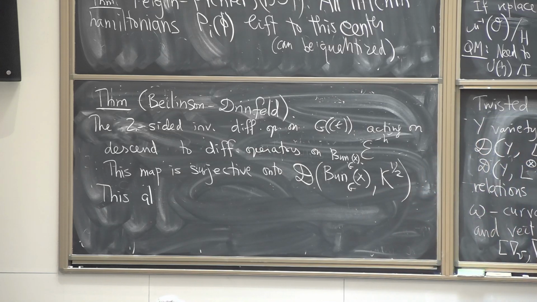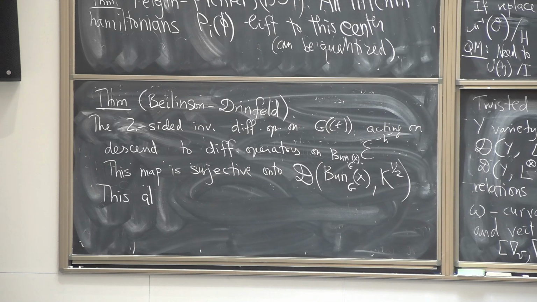If you want to think of an analogy or a special case of this, think about differential operators on an elliptic curve. Any differential operator on an elliptic curve which is globally defined will have constant coefficients, and therefore it will be just a polynomial in d over dz, where z is the additive coordinate.